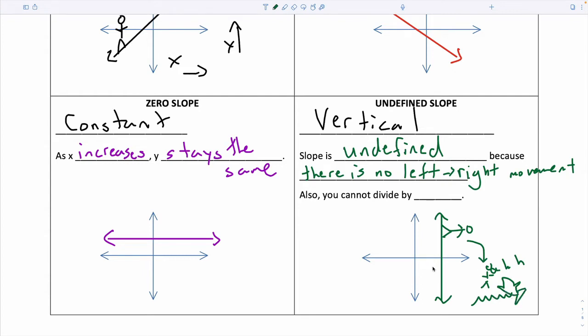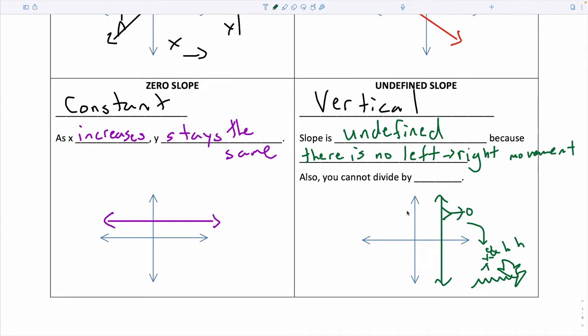There you go. So when it's undefined, here's what's actually happening. Say I have a point that's called 2, 0, and I have another point called 2, 4. If that point is 2, 0, and this is 2, 4, what happens as I move left to right?